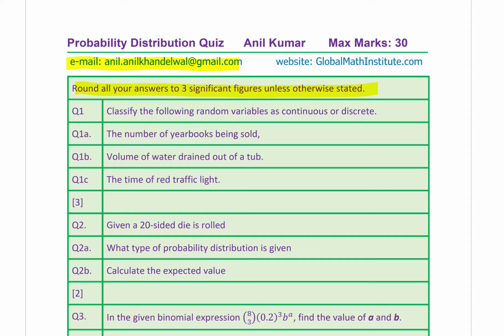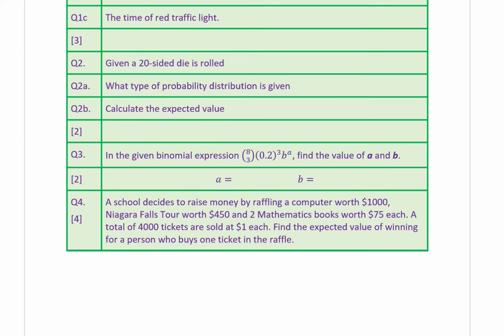In question number 3 and 4, let's see on the next page. Question number 3 is, in a given binomial expression, 8C3 times 0.2 to the power of 3 times b to the power of a, find the value of a and b. Question number 4.